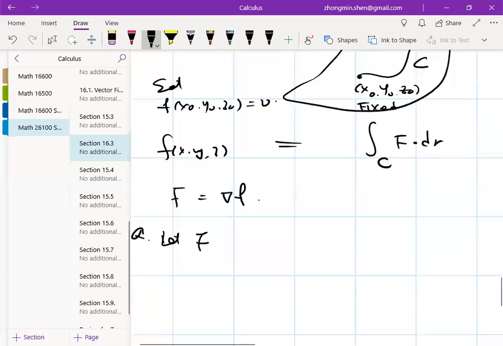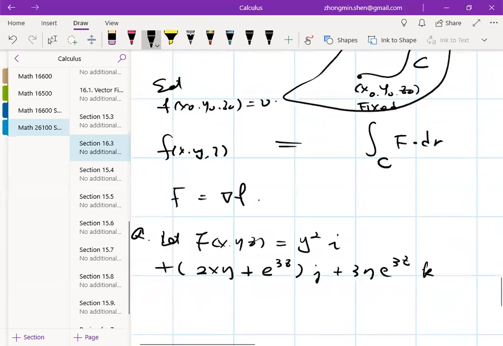Let capital F of x, y, z be y squared i plus 2xy plus 3z j.